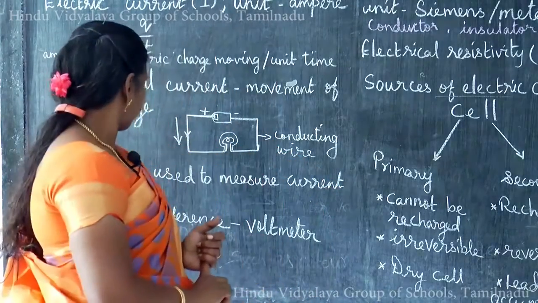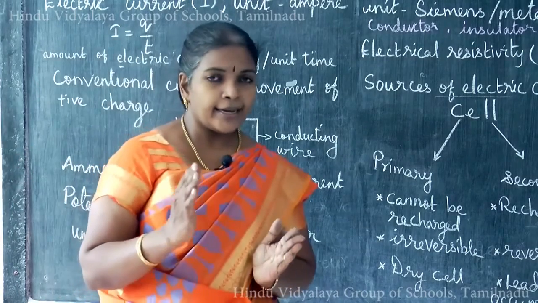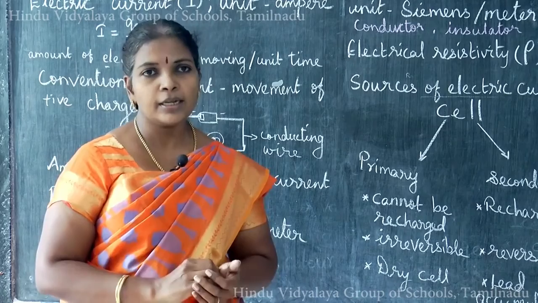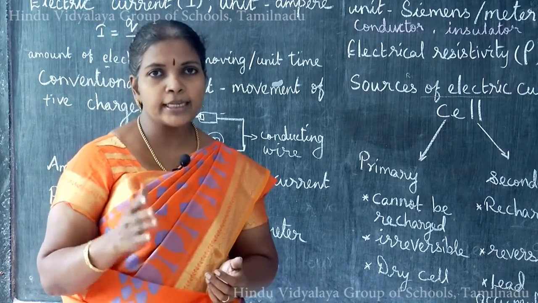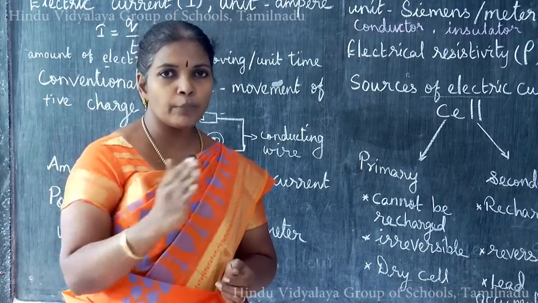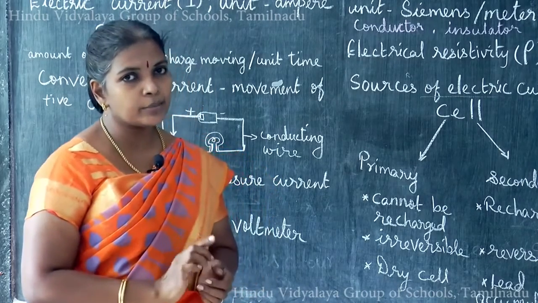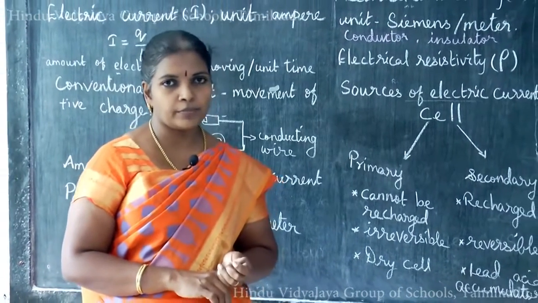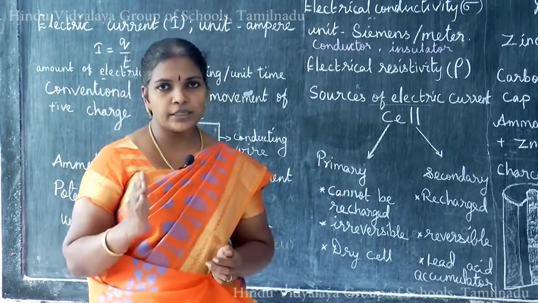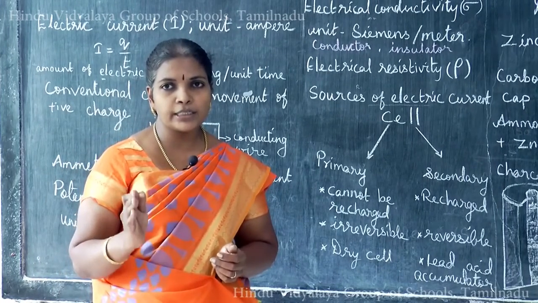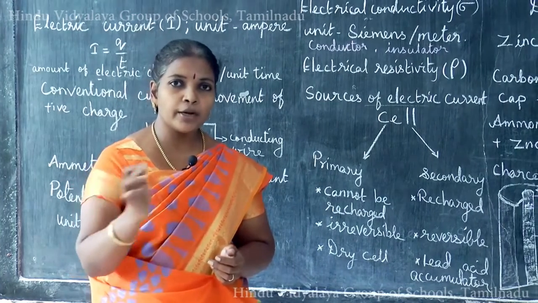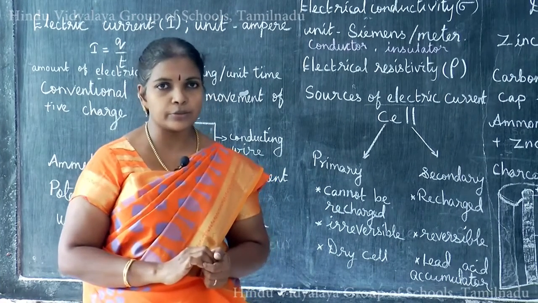The next, does electric charge move by itself? No, it requires energy. So, the energy required to push or move electric charge from one point to another point is termed as potential difference. Can you define potential difference? Potential difference is defined as the amount of energy required to move an electric charge from one point to another point in a circuit.